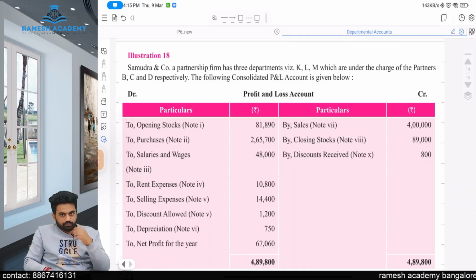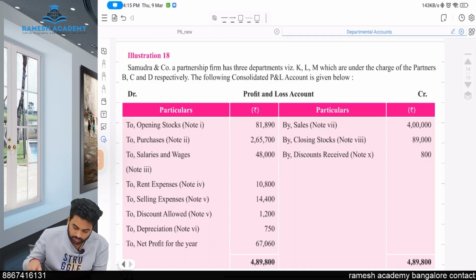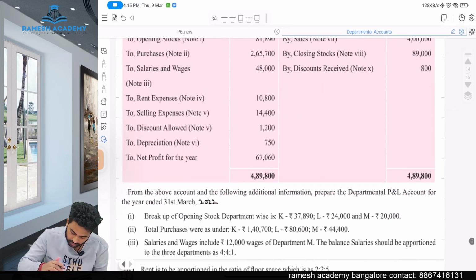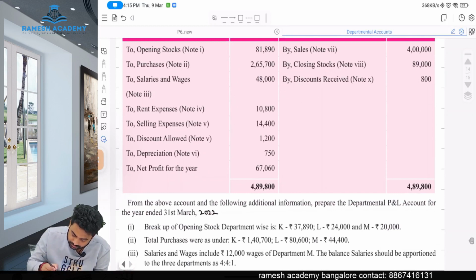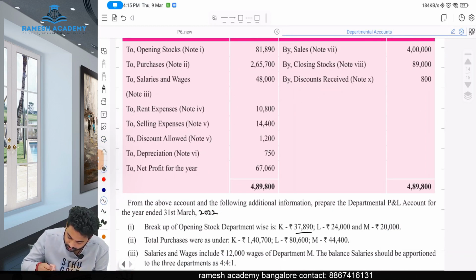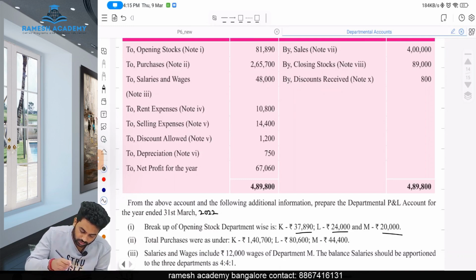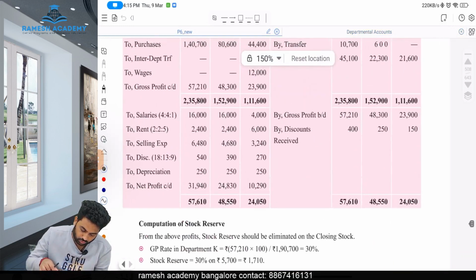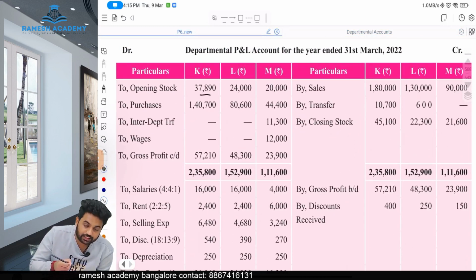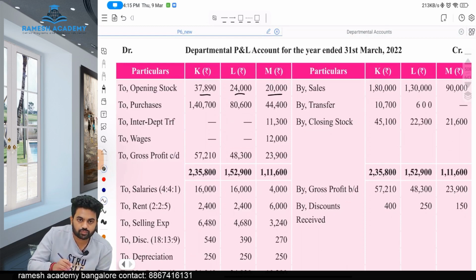Fine. Listen here. Opening stock is there. They have given a split: 37,890, 24,000, 20,000. Okay, done.